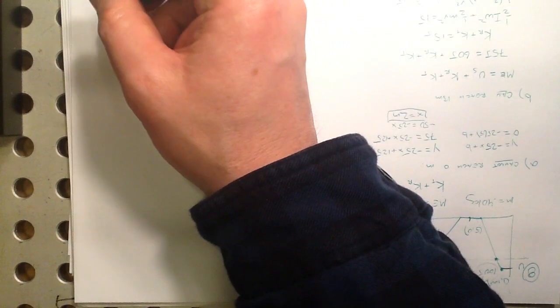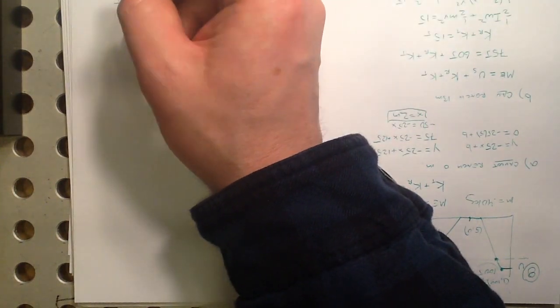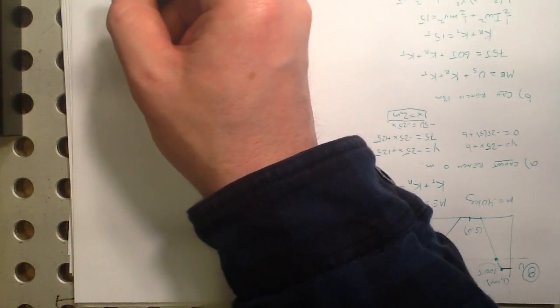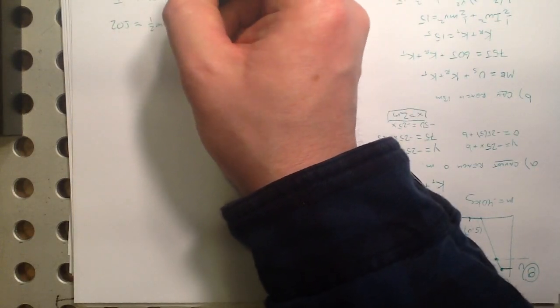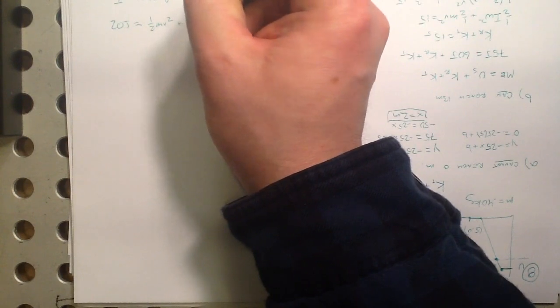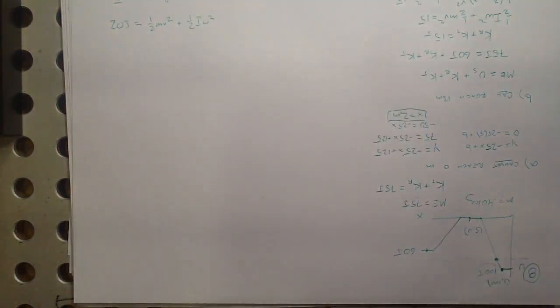Well, we have the total kinetic energy is 20 joules, and that's the sum of its 1/2 m v squared and its 1/2 I omega squared. Right.